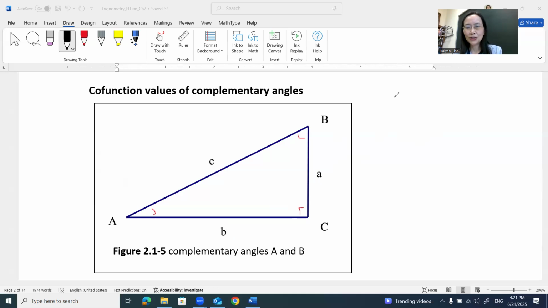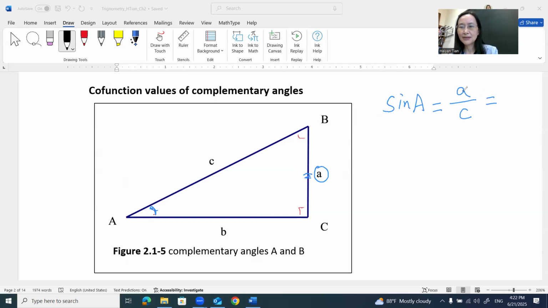And now let's take a look at sine A, right? Sine A is what? Opposite side over hypotenuse. That's sine A. But this a, lowercase a, is actually the side adjacent to B, right?